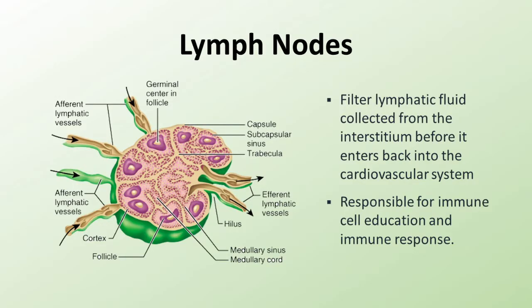So they are hugely responsible for immune cell education, because this is where the antigens come into those lymph nodes and then educate the B cells and the T cells, and really also very important in our immunological response.